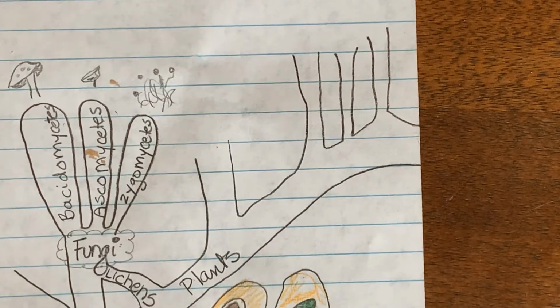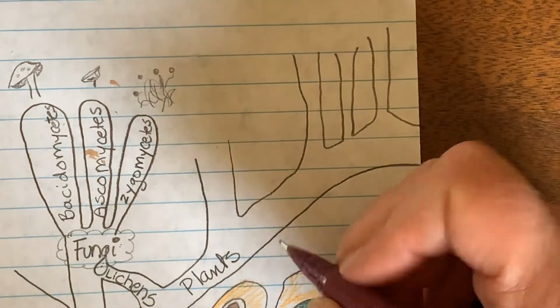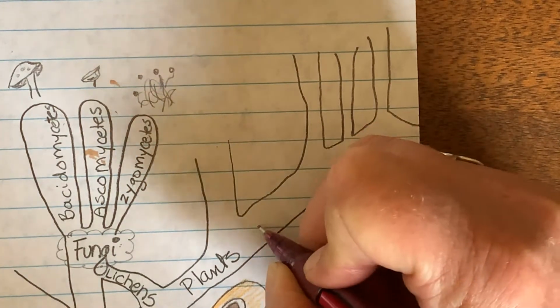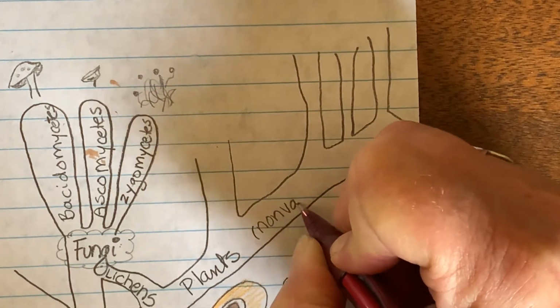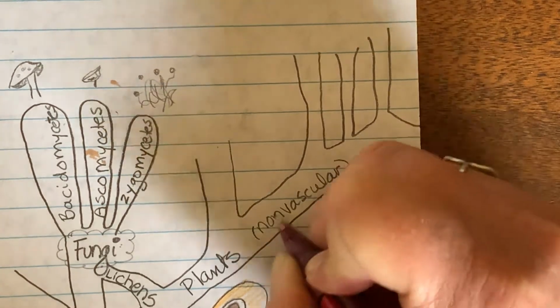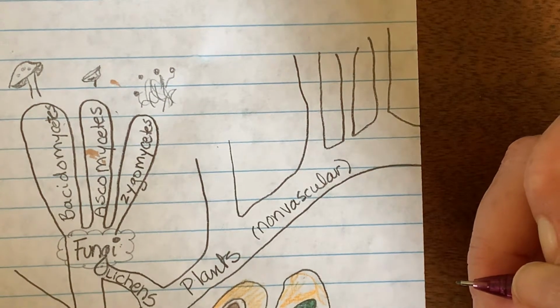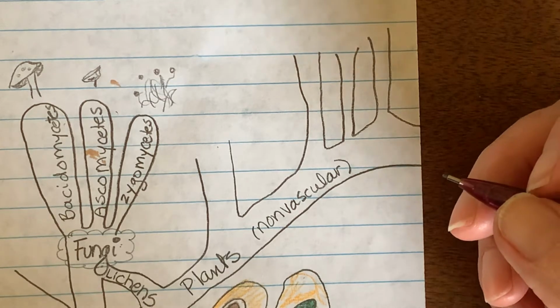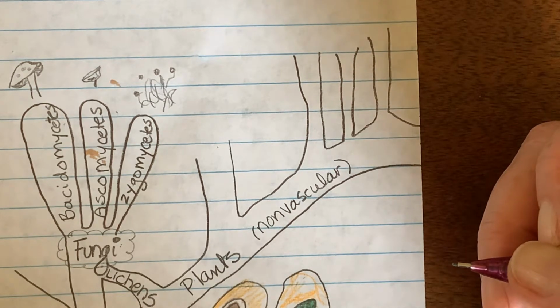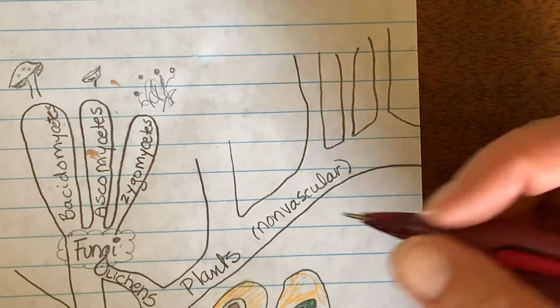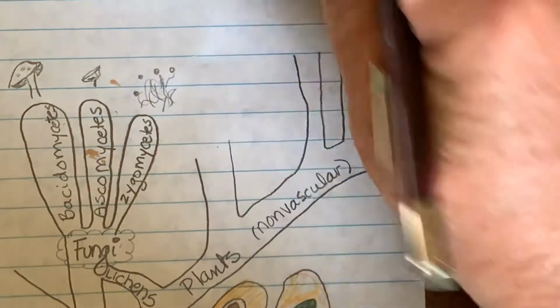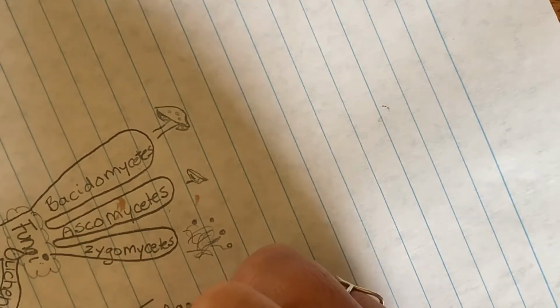Plants. But then the plants have a big divider right away. There's the non-vascular plants. So we could say these are non-vascular. And what that means is they don't have a vascular system, like veins and arteries in your body that carry blood around. Plants have a vascular system that moves nutrition and water around. And so at this point, you either have vascular plants here, which is going to be this big branch that we're going to fill in, and the non-vascular.